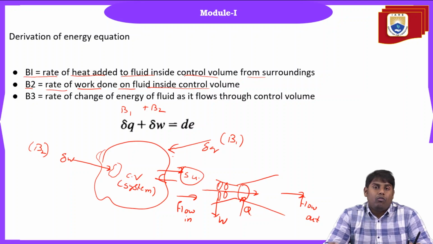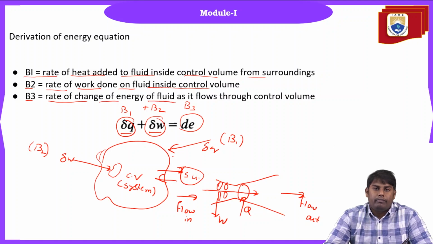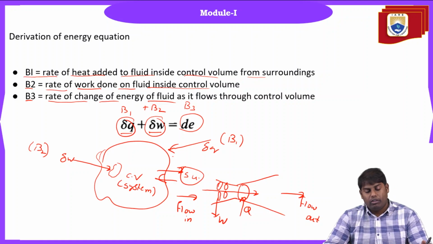So you take any matter or entity, when we apply heat and work to the system, delta Q, the change in heat, and delta W, the change in work, will contribute to the change in internal energy, which is B3. So here we have B1 plus B2 is equal to B3. B3 is nothing but the rate of change of energy of the fluid as it flows through the control volume. Fine. This is what we have.